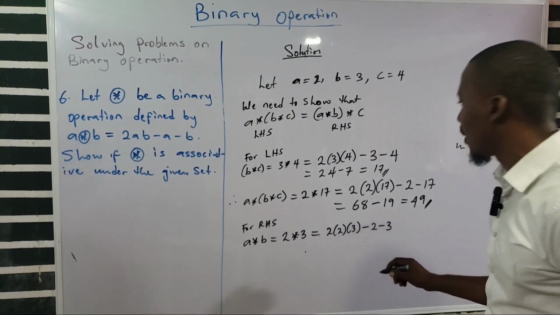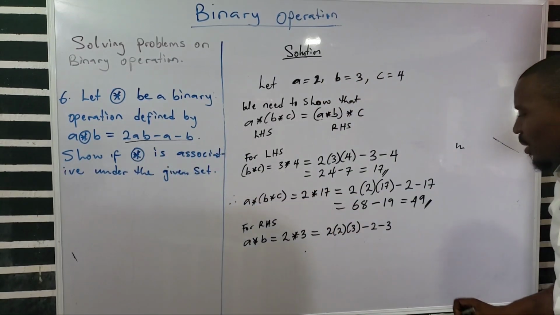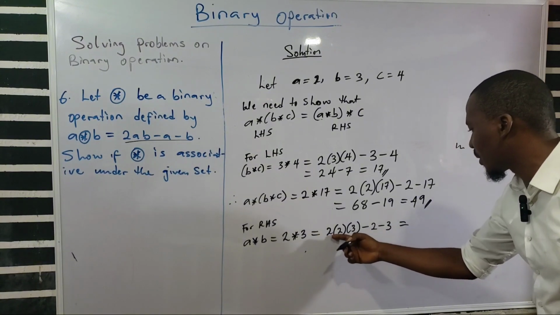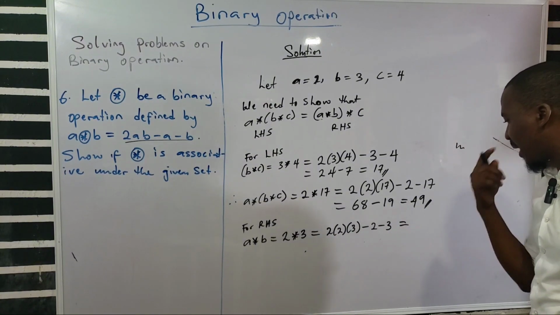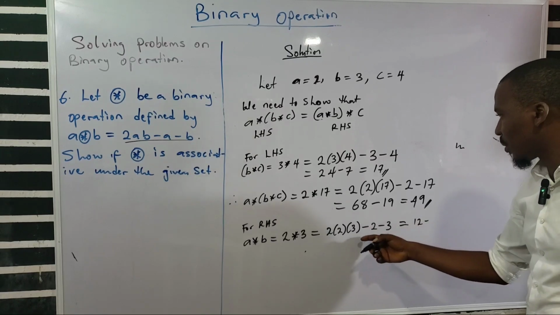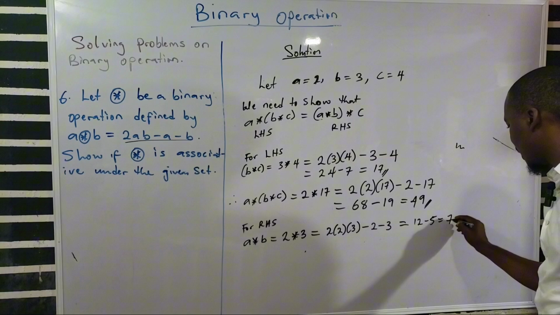So remember, I keep obeying this rule of combination here. 2 times 2 will give us 4. 4 times 3 will give us 12, minus 5, will give us 7.